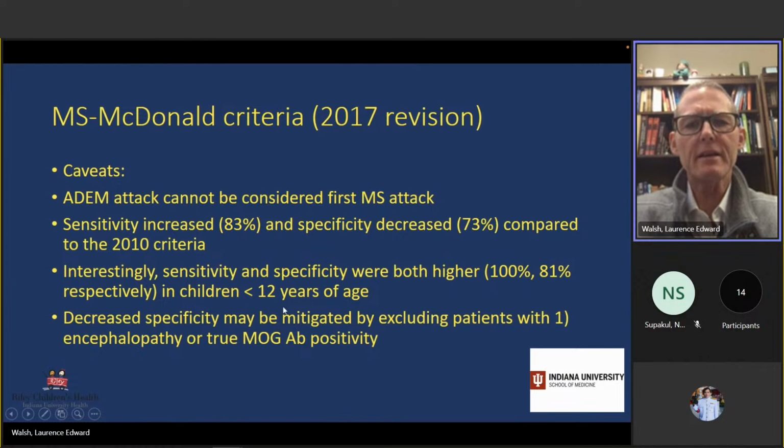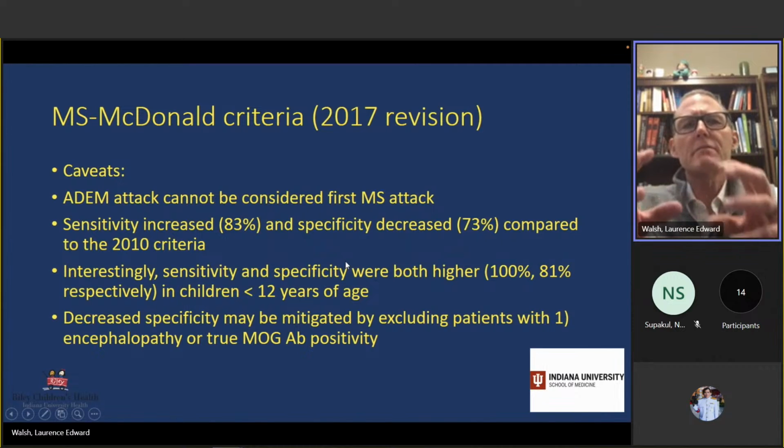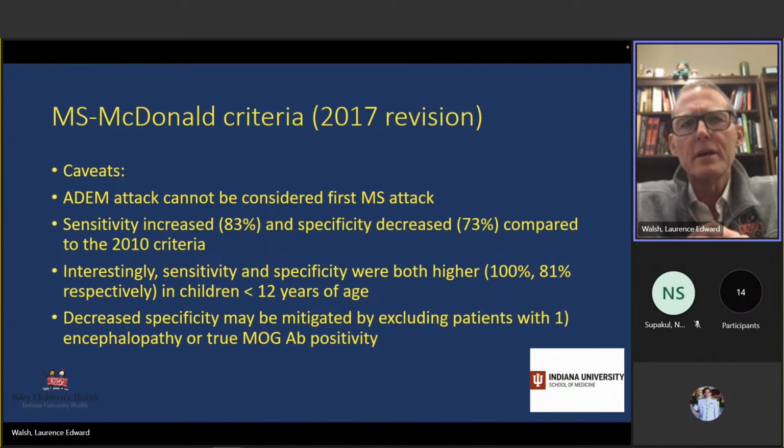Although interestingly, and this was a big thing with the 2010 criteria, people didn't feel comfortable applying those in children 11 years old and under. And they found that the current criteria do better than the 2010. Sensitivity is extraordinarily high.